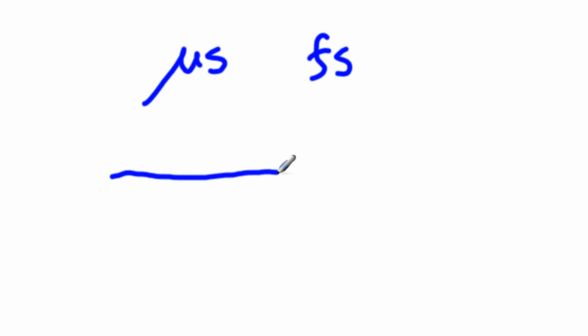Now we're going to compare a microsecond to a femtosecond. Let's make a number line. Again, pretty soon you can just do this in your mind's eye. So the root unit here is going to be second, which is 10 to the 0.